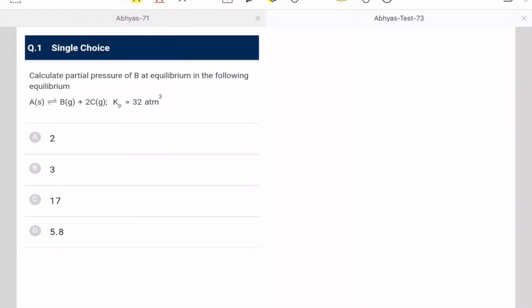So in this one, what we have to observe as the main thing: A is a solid, so it is not contributing any pressure at equilibrium.